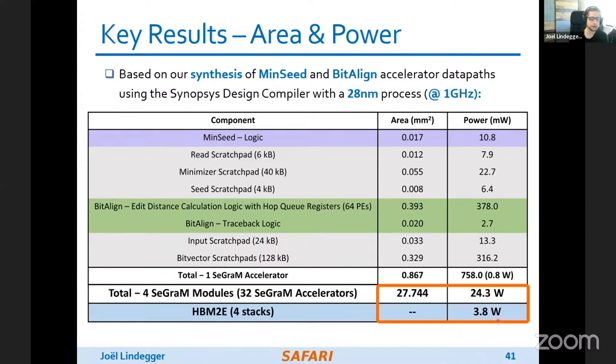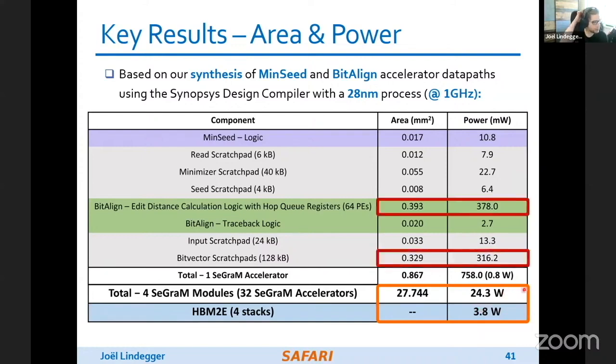And interestingly also, it's really the compute module that takes the majority of the power. So the HBM memory, the off-chip memory, is not taking up too much power, which is good because we'd rather spend our power on computation.